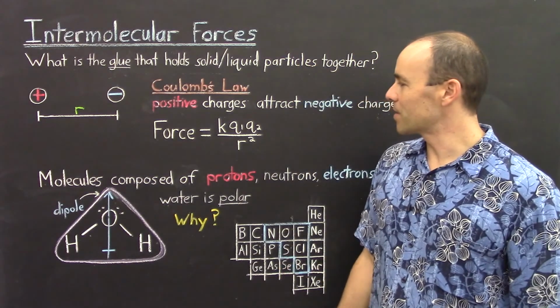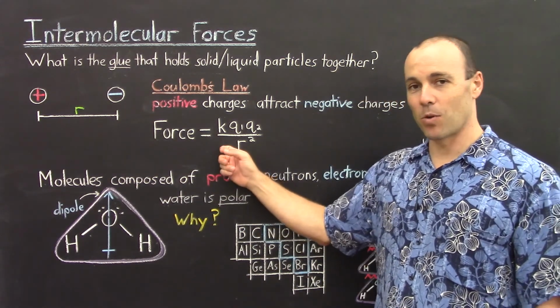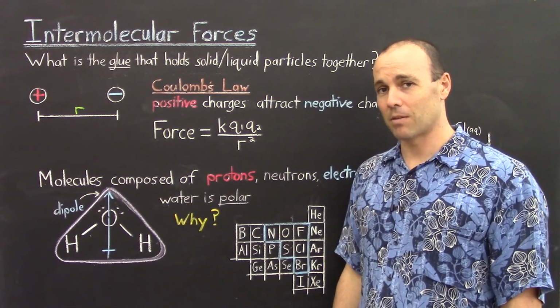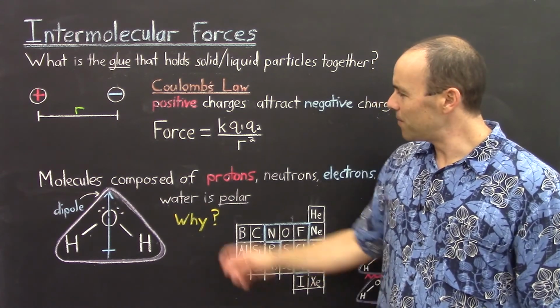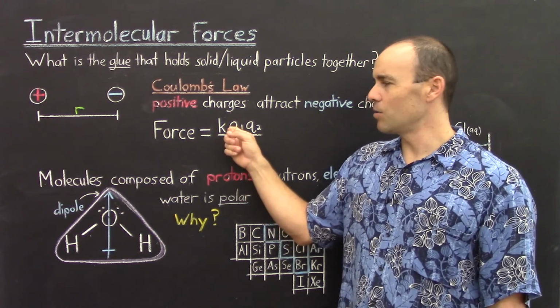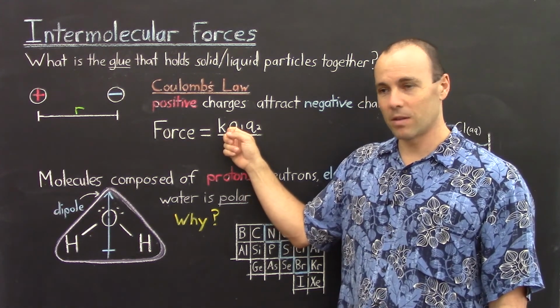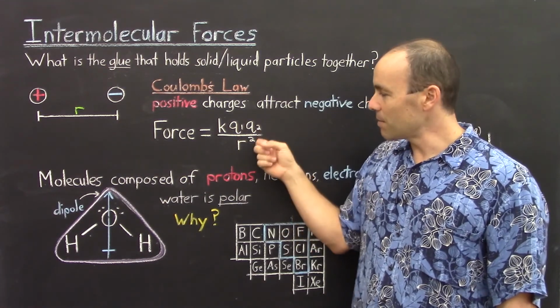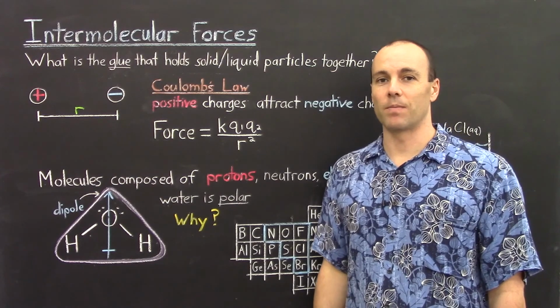Now that force is described by this equation, which is really a statement of Coulomb's law in mathematical form. The force is equal to a constant times the magnitude of the one charge, plus 1, times the magnitude of the other charge, minus 1, divided by the square of the distance between them.